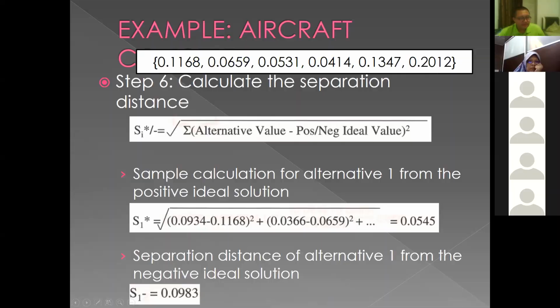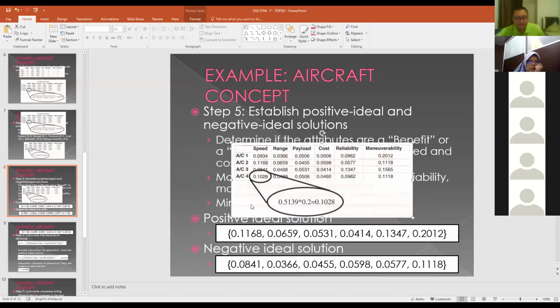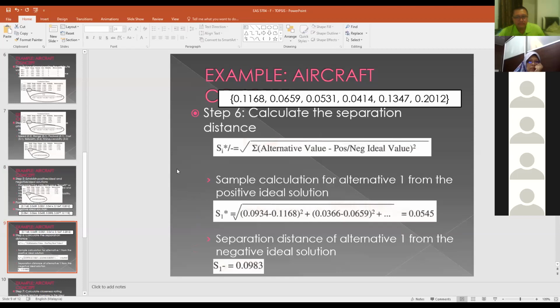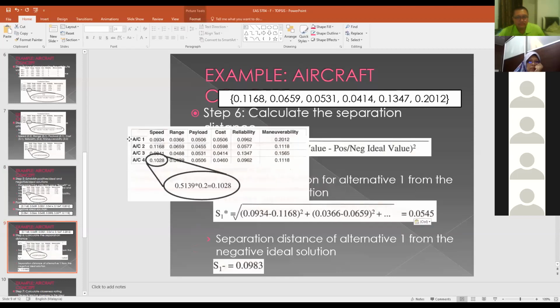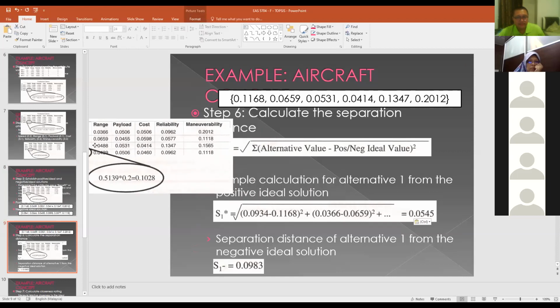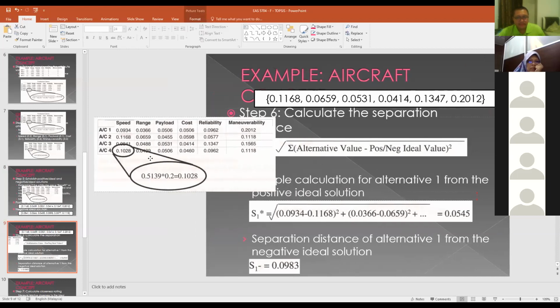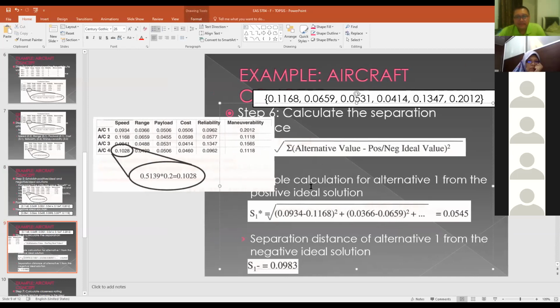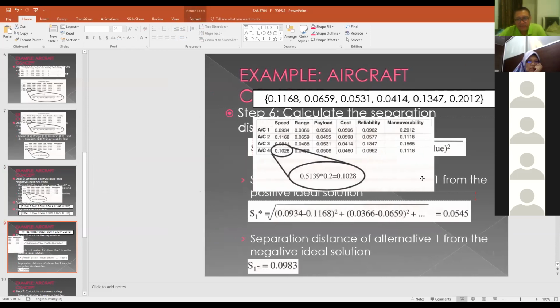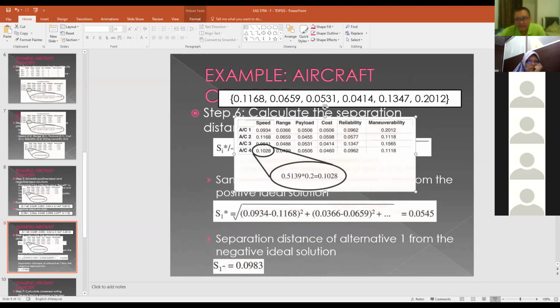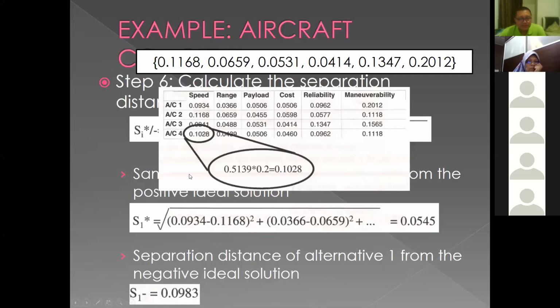It is from up here. 0.0934 minus the positive ideal solution.